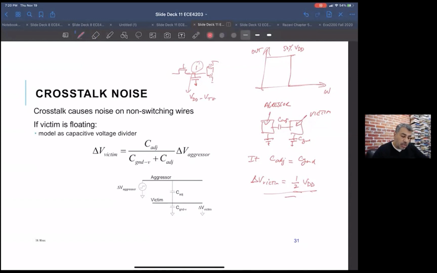As soon as clock goes low and you've stored your latch value here, this guy's floating. So if you had another line going by this thing, it is susceptible to crosstalk in a really big way. You could easily drive that point to a complete zero almost immediately. So floating nodes are really, really dangerous for crosstalk.